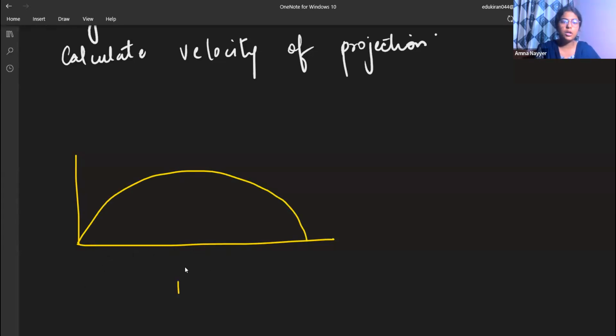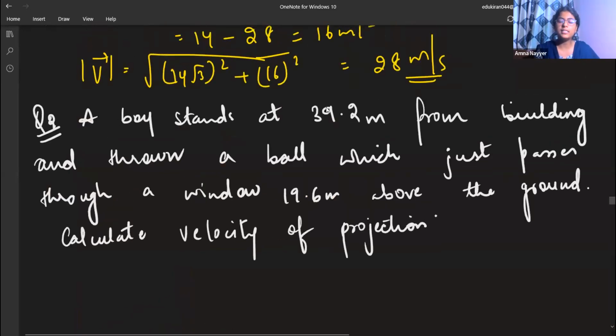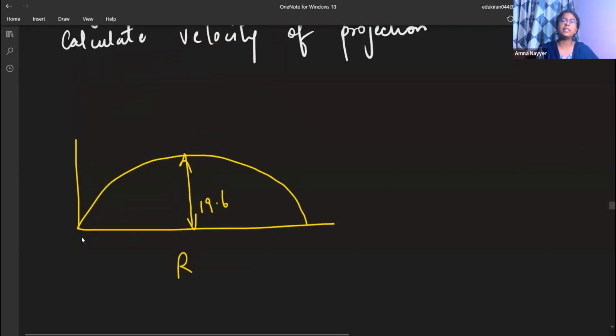This is your range of motion, right? This is 19.6. If this is the building, the boy is standing at 39.2 meters from here, and this is also 39.2 meters.